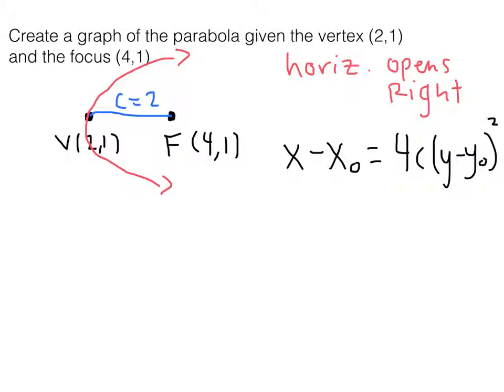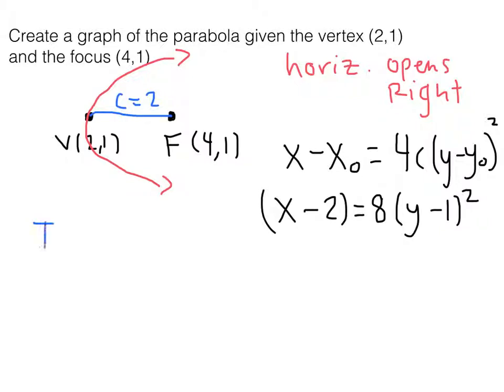And then if we plug in our information here, we have x minus 2 from the vertex equals 4 times c, which is 8, times (y minus 1) squared, with the 1 from the vertex. So here we already have all the information that we need for our equation. The only thing that's left to determine is the table of values.